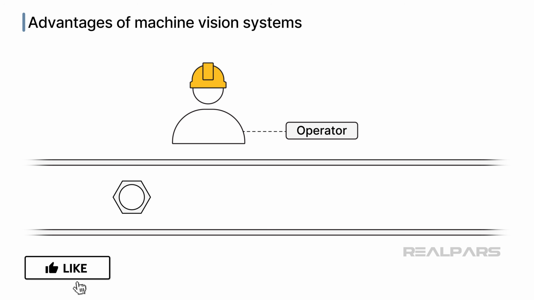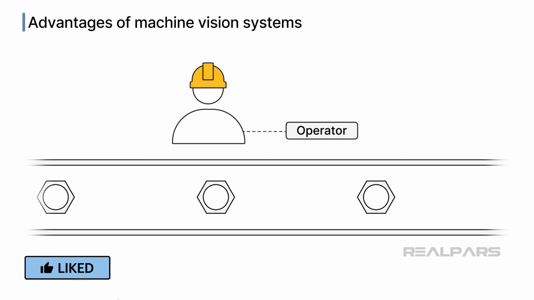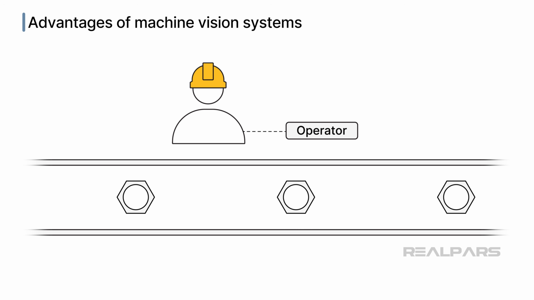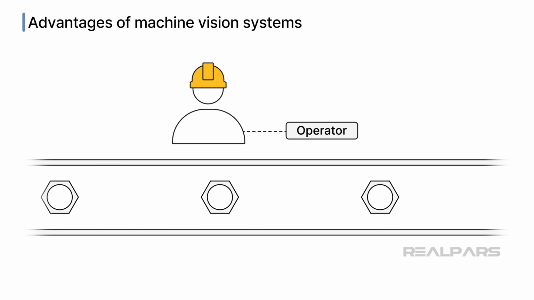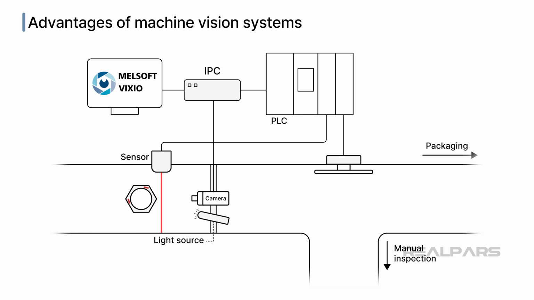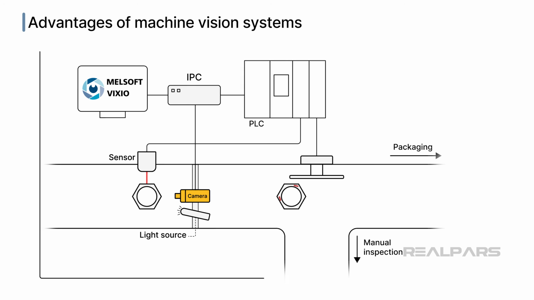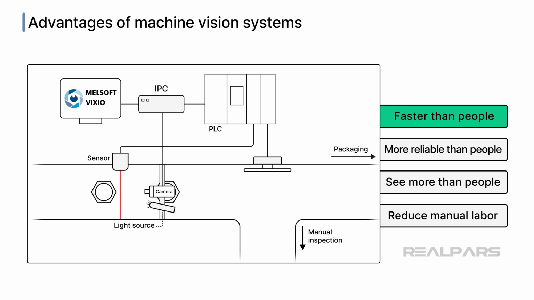The alternative to automated visual inspection with a machine vision system is manual inspection with an operator. Many companies prefer using automated visual inspection over manual inspection because machine vision systems are faster than people. A machine vision system can inspect many parts per second.